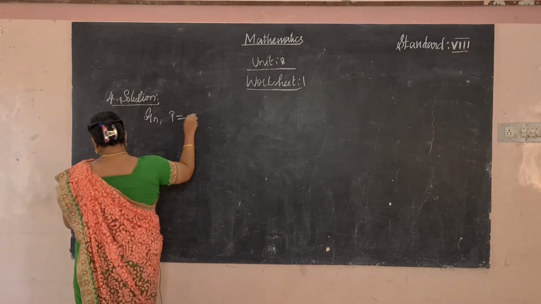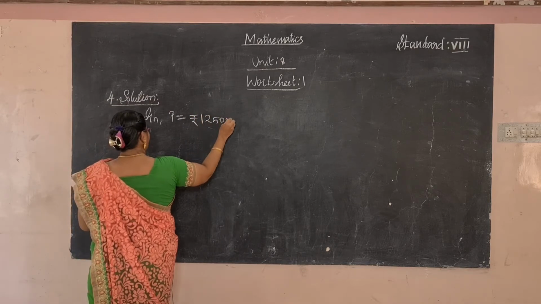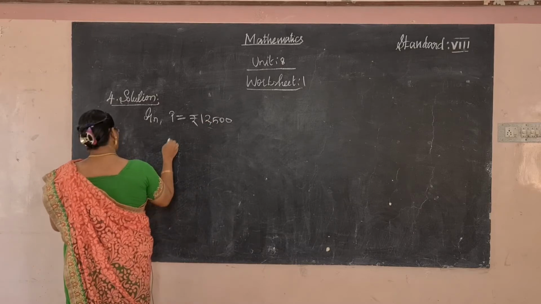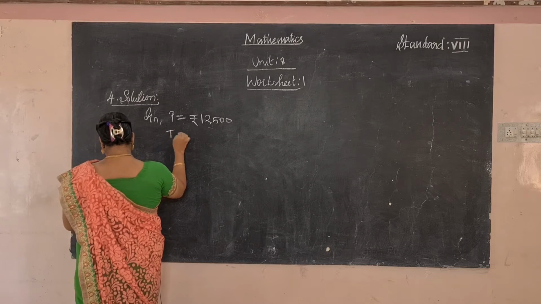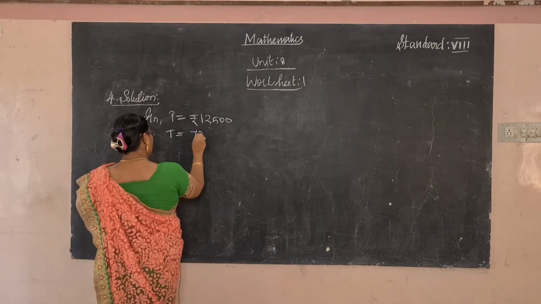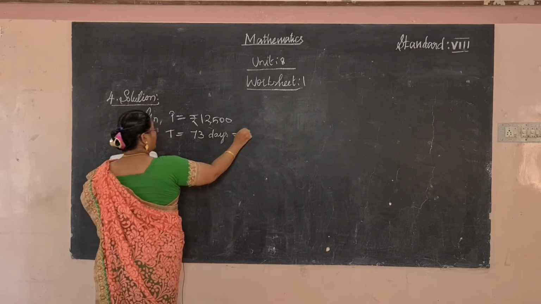Principal is rupees 12,500. Time, number of years: here only 73 days is given, so we have to convert it to years.